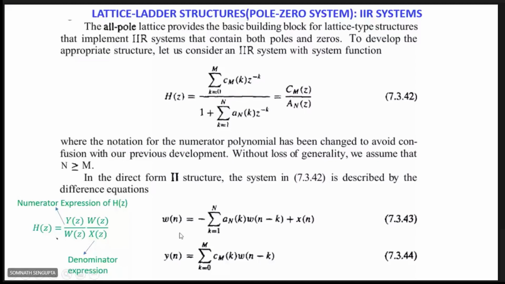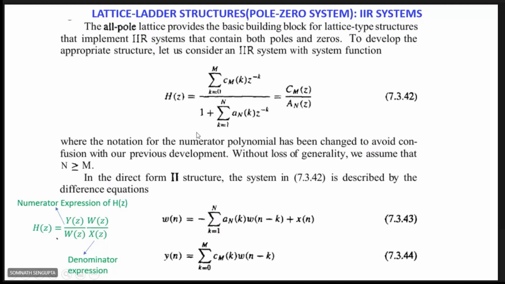Now this wn can be considered, if you take the inverse Z transform, as follows. W(z) by X(z) represents 1 by the denominator polynomial, only the denominator expression.